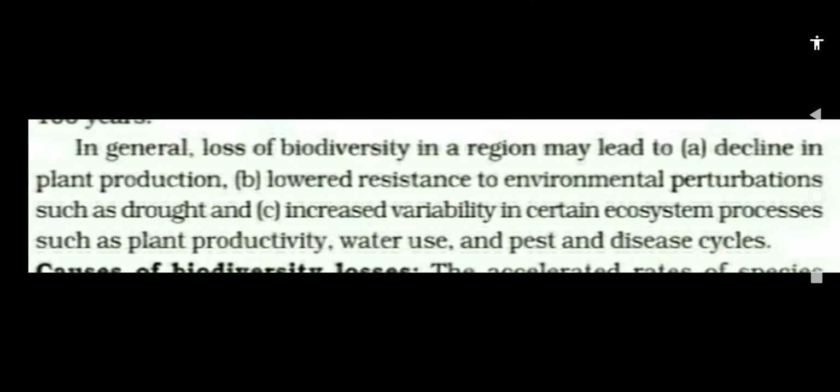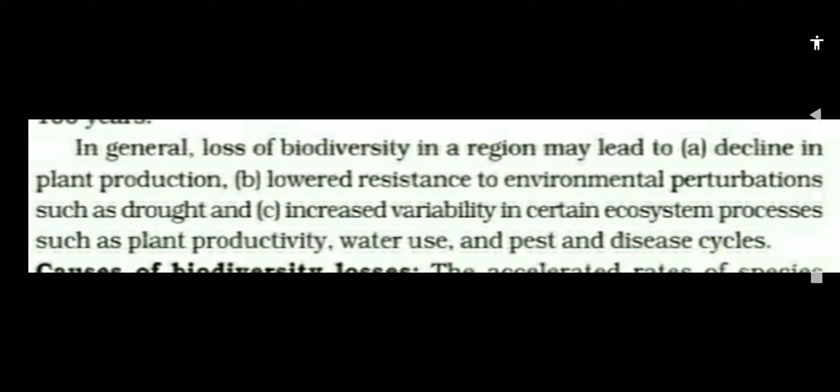If species get extinct, if species get lost, so loss of biodiversity in a region, what happens then? It may lead, number one, to a decline in plant production. Number two, it lowers the resistance to environmental perturbations such as drought.